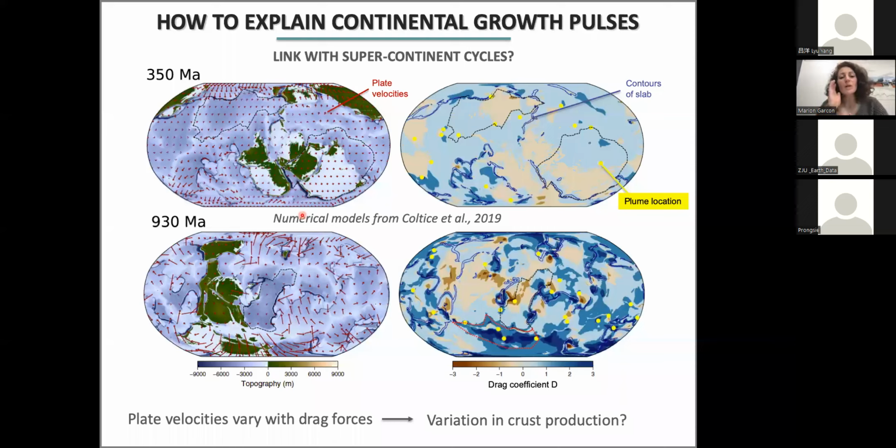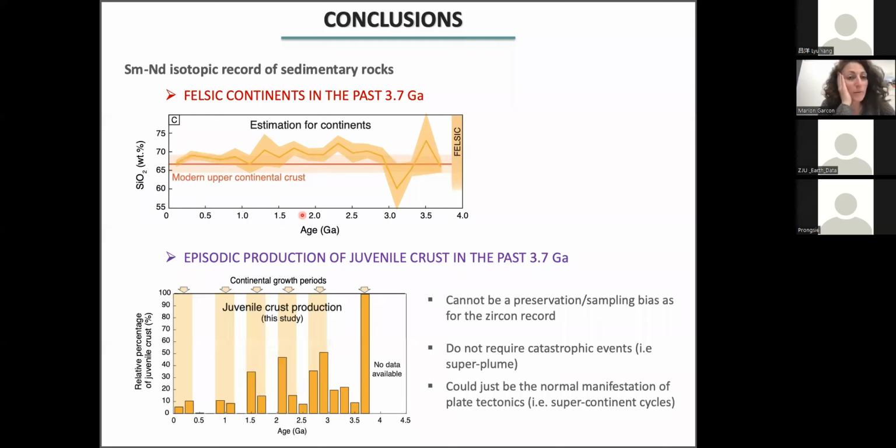Okay. So as a conclusion slide, I just wanted to show you the two main results of this study, based on the compilation of samarium-neodymium isotopic compositions of sedimentary rocks. The first main conclusion is that this record shows no significant variation of the average silica content of the continents through time.